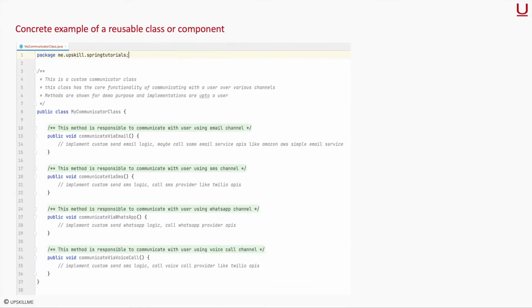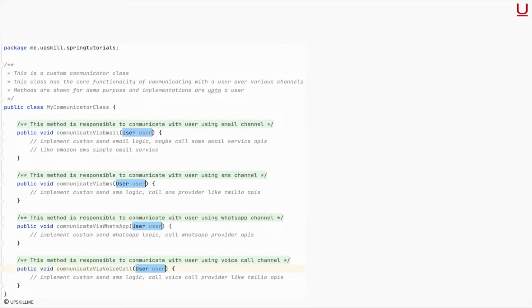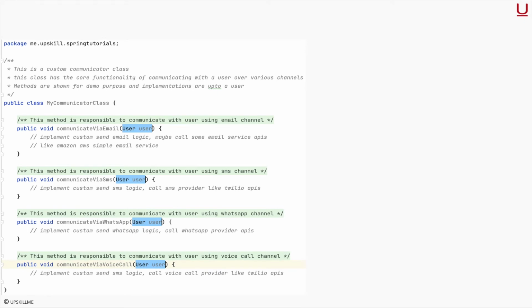To visualize the concept of reusable components, consider this example. The communicator class shown here has a very simple responsibility of communicating with the user over various channels. Now, if you have noticed, a communicator is expected to communicate with the user, but there is no user representation in the class. By slightly modifying the class definition, we can fix this problem. Now, each method in the communicator class is expected to have a user object.